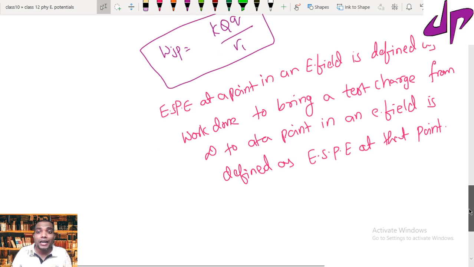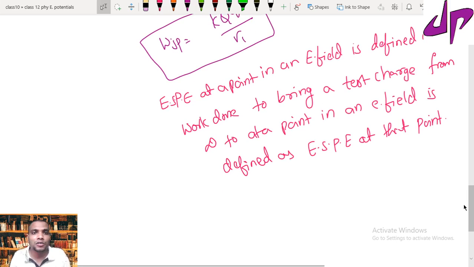So according to the definition of electrostatic potential energy, the work done to bring a test charge, meaning a positive test charge, from infinity to a point in an electric field is defined as the electrostatic potential energy at that point.